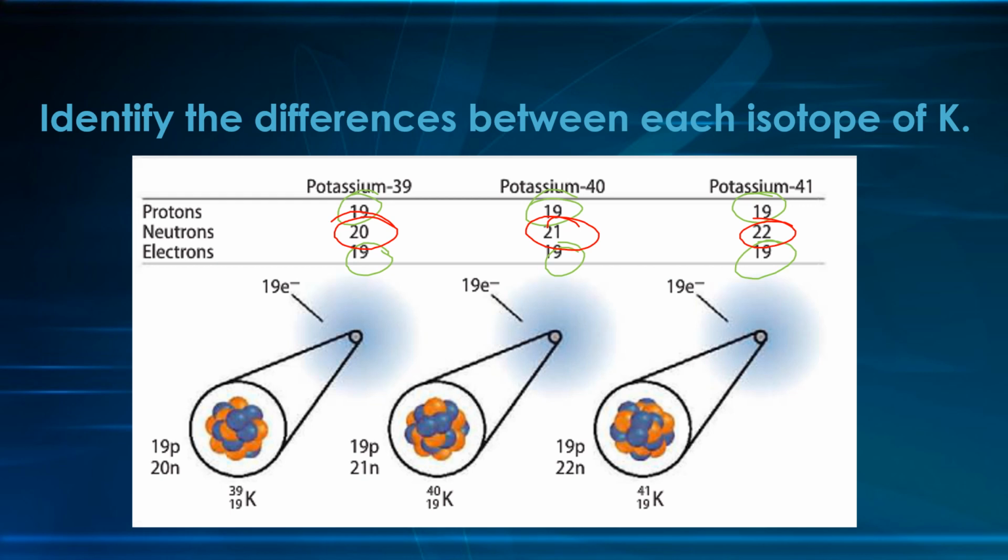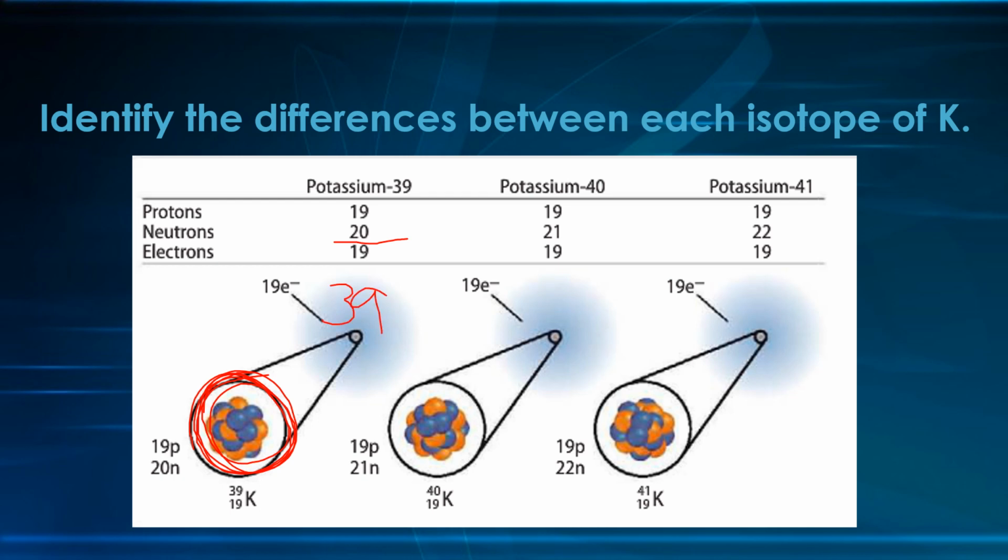And because the number of neutrons changes, my mass also changes. So mass number, again, is simply the mass of the nucleus. I know all the mass can be found there. So if I want to take the mass of this first potassium atom over here, I'm going to take the number of protons and the number of neutrons, add them together, and I should get 39.